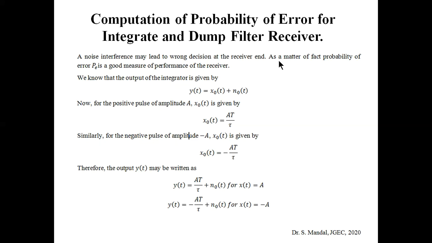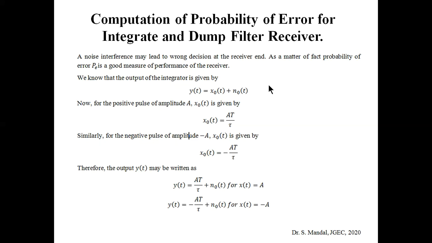So obviously there is a certain probability associated with the received noisy signal that an error can occur. So we want to find out the probability of error. It is given by the term PE, and it is a good measure of performance of the receiver.